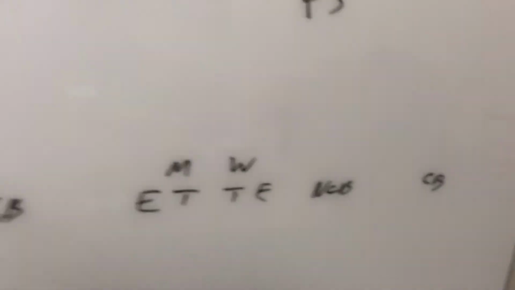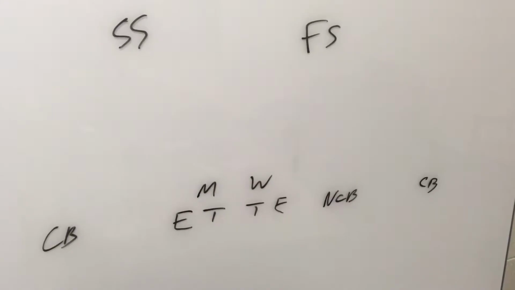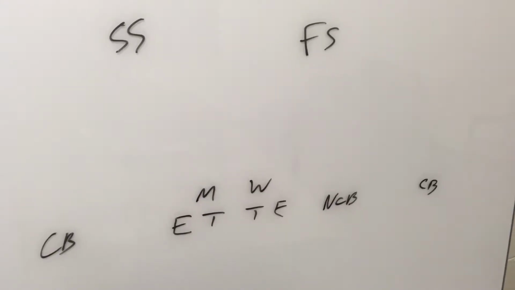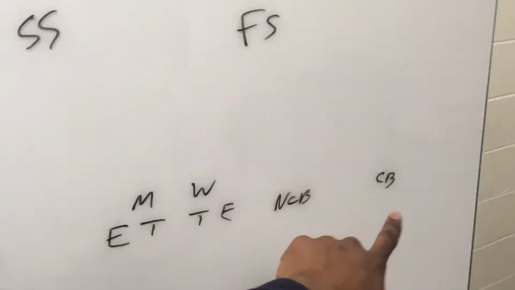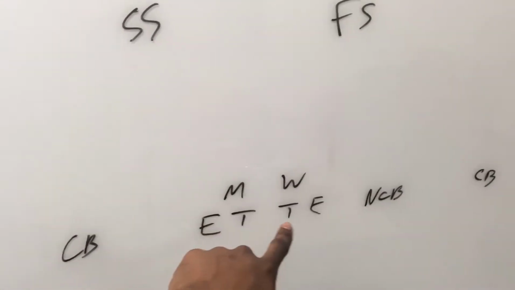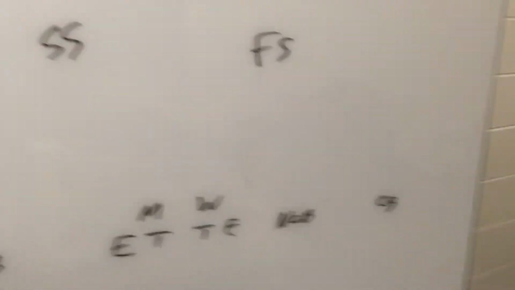So I can pick any formation that tends to be disguised before the play even starts. So as of right now, we're in a prototypical nickel alignment with 3 corners, 4 defensive linemen, 2 linebackers, 2 safeties.